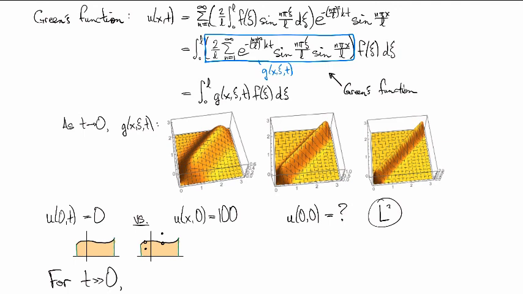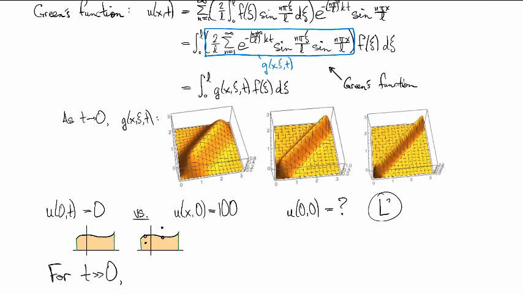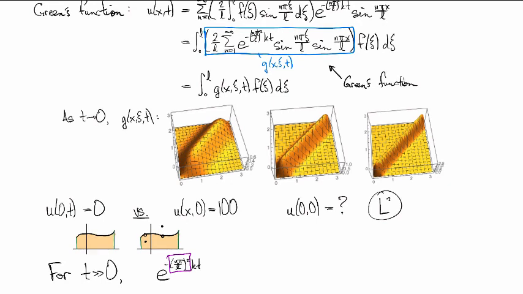as t gets off the mark, so as soon as time starts progressing, if you look at the amplitude of these sine factors that we're adding in, they go to 0 really fast, right? Because each of them has an amplitude that looks like this exponential, and this exponential has an n squared term in it. So succeeding terms of the sequence are going to be driven to 0 really, really fast.